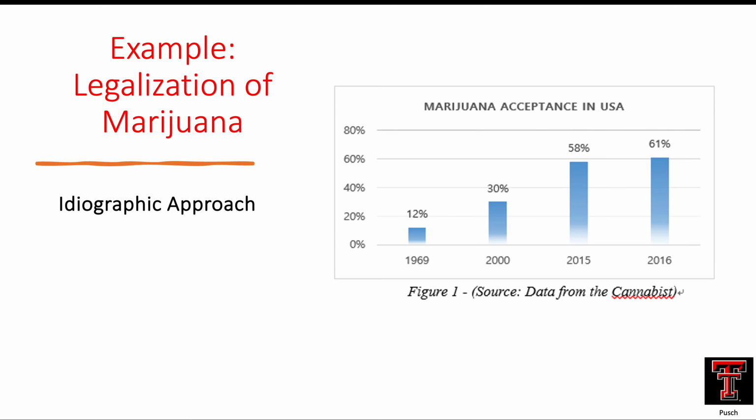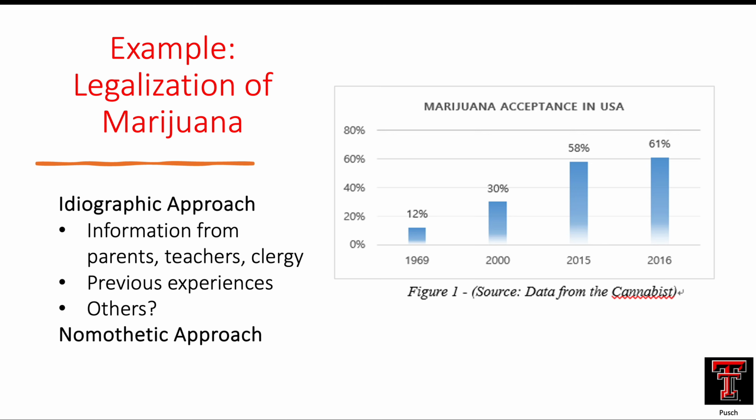Okay, so if we were going to look at an idiographic approach for the legalization of marijuana, we might use information from individual parents, teachers, clergy, maybe previous experiences.